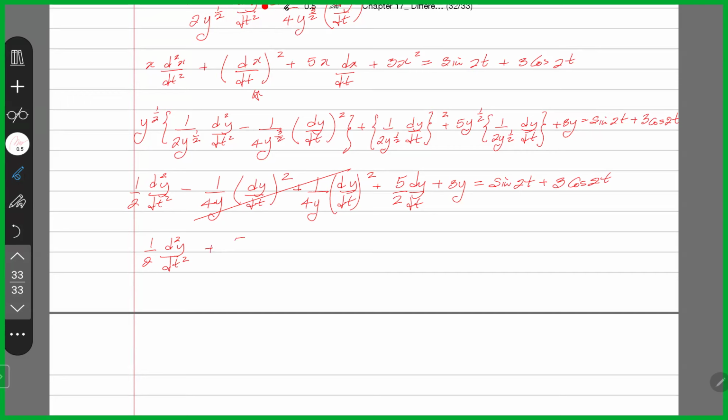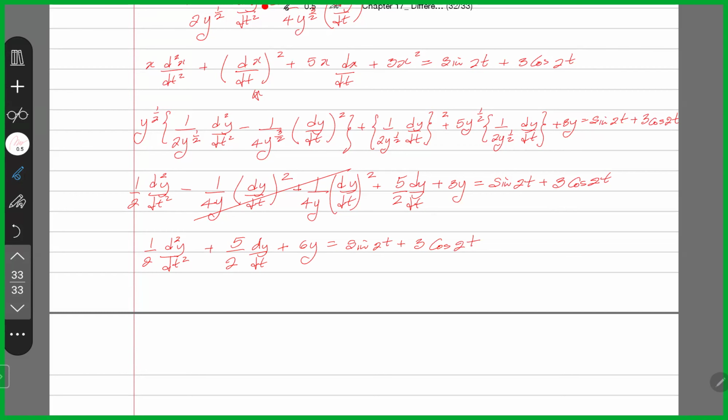Plus 5 over 2 dy by dt plus 6y is equal to sine 2t plus 3 cos 2t.